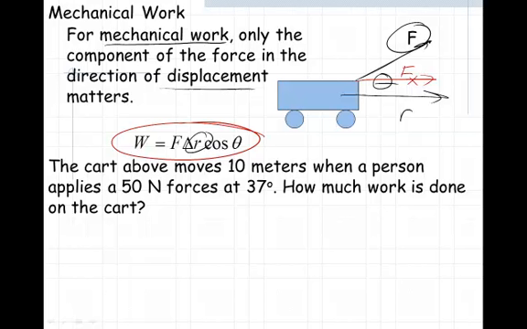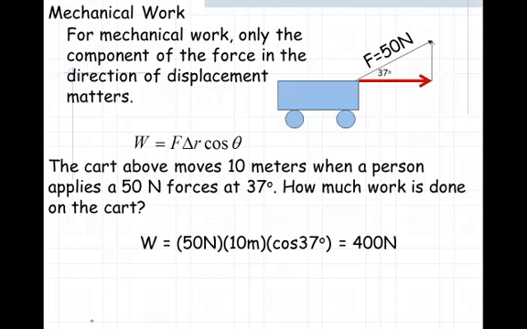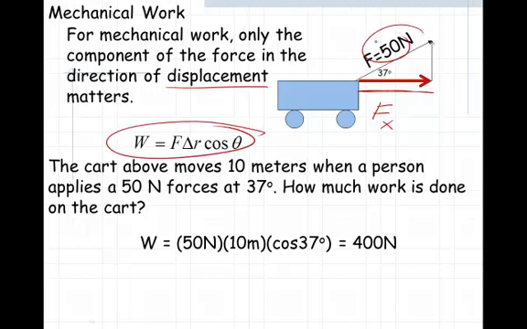So let's say the cart above moves 10 meters, that would be our r, when a person applies a 50 Newton force at 37 degrees. How much work is done on the cart? Well, again, we want to look at just the horizontal component, or the component of the force in the direction of the displacement. So we would use this equation. We would plug 50 newtons into our force.